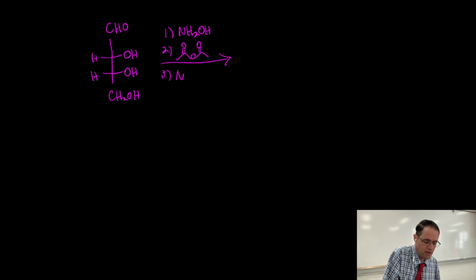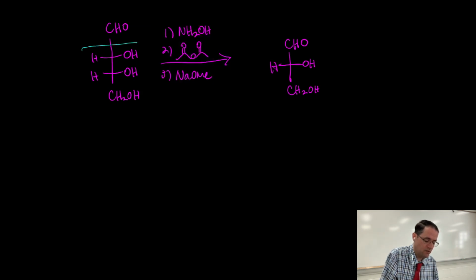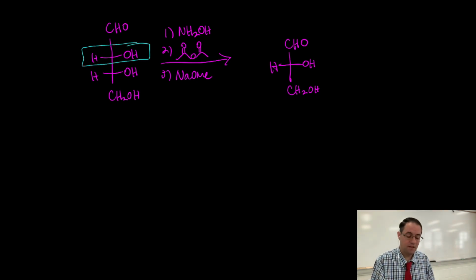Step 3, we add NaOMe, sodium methoxide. And what that forms is an aldehyde with one less carbon. So you're basically taking this portion right here and removing it from your drawing. Those are all the reactions.